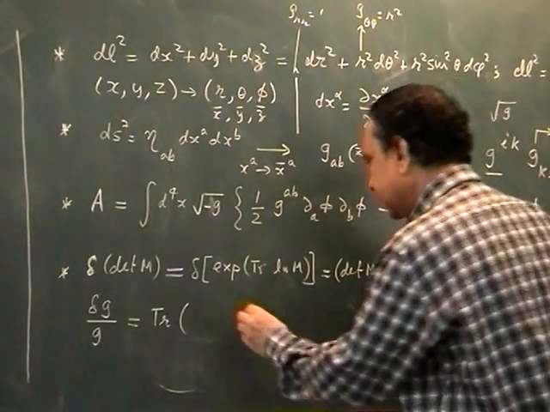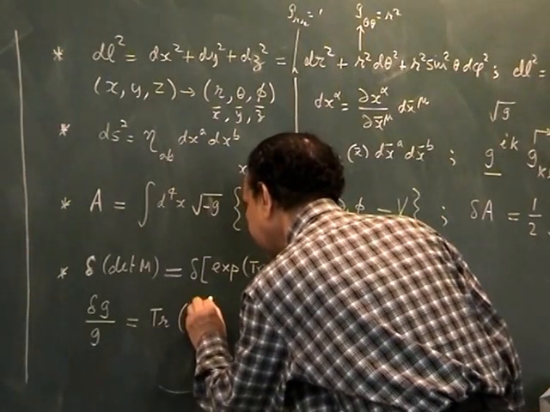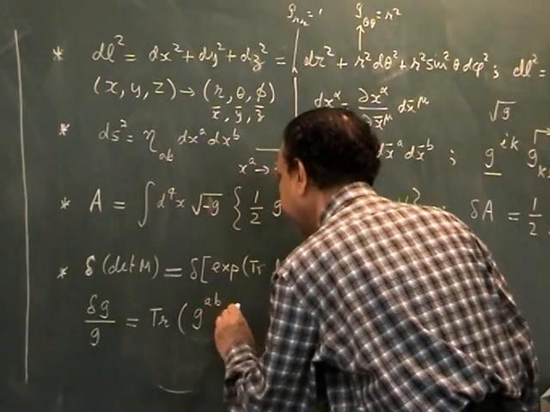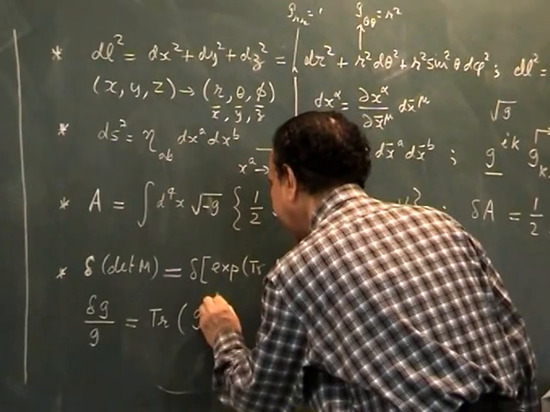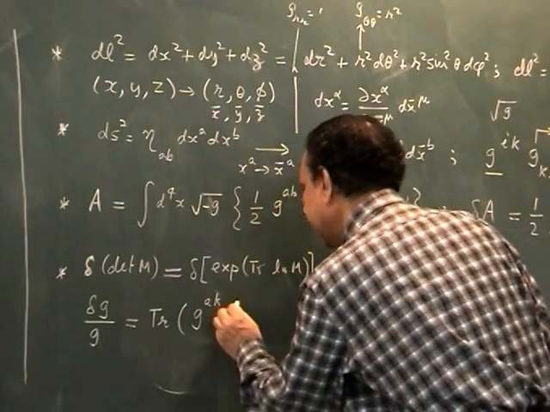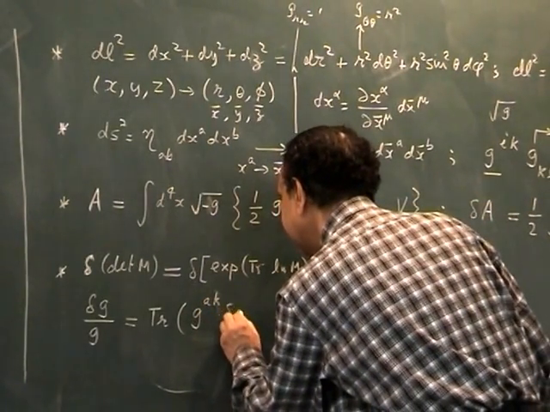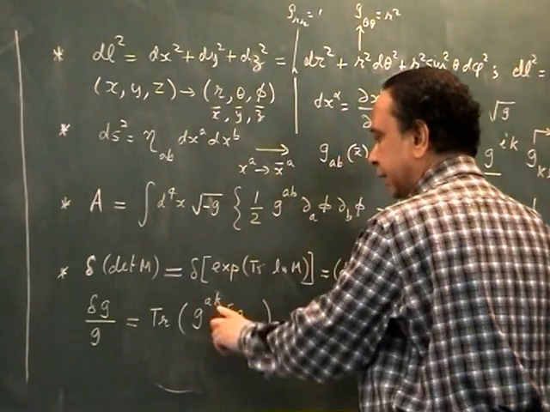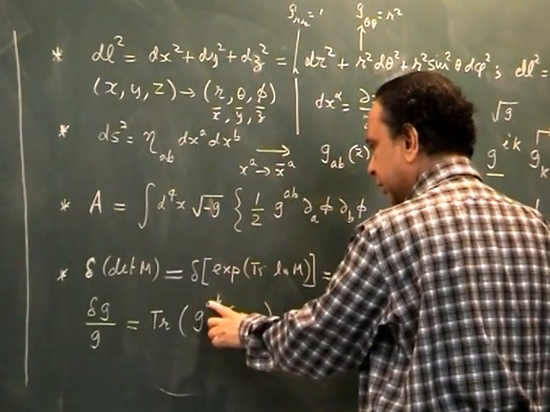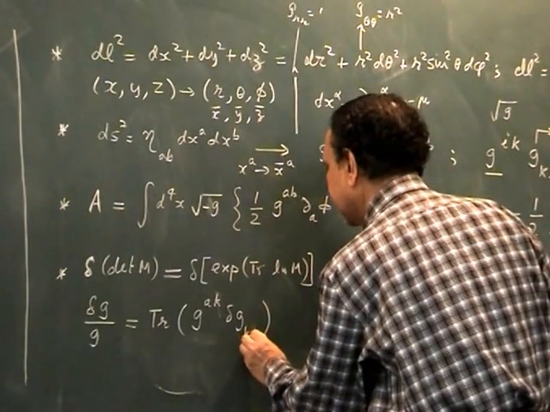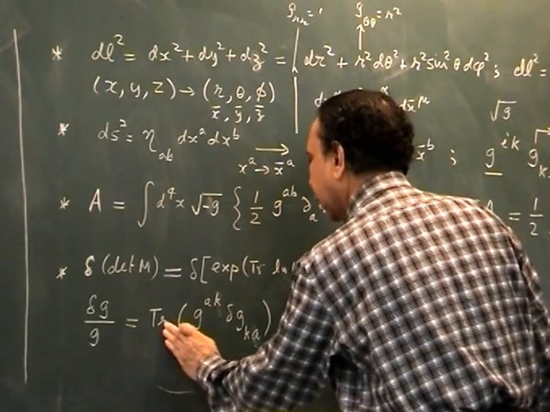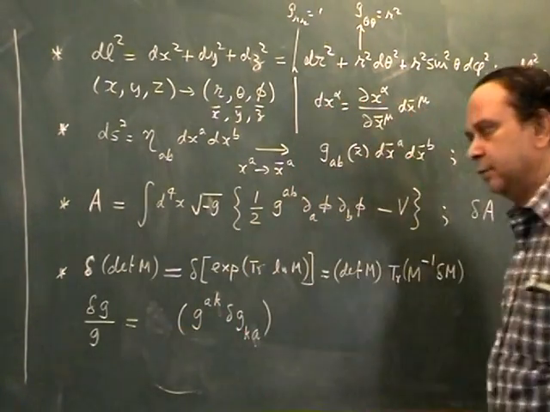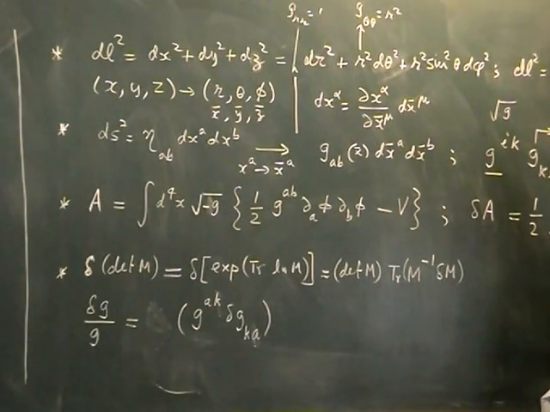M inverse is G upper AB, okay, then delta is going to be delta of G lower KB. Trace tells you that in this matrix you identify A with this and you remove this and you sum over. Okay.